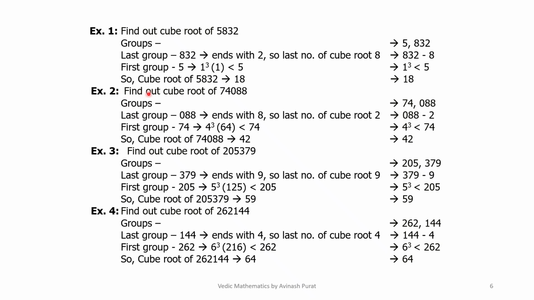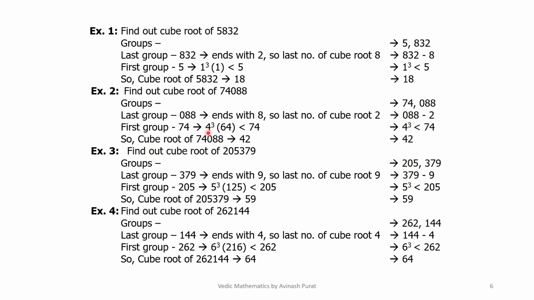Second example, find out cube root of 74088. Groups are 74 and 088. Last group 088 ends with 8, so last number of cube root is 2. First group 74: biggest cube less than 74 is 4 cube, 64.